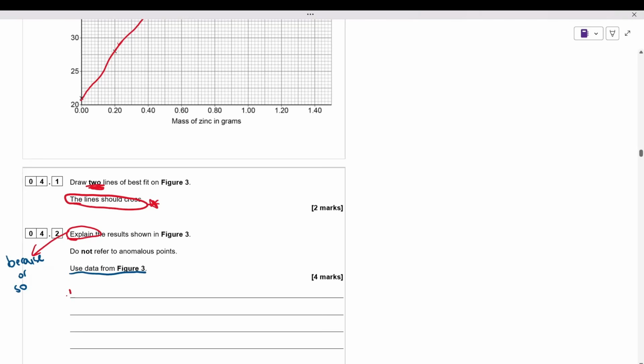So we know that temperature rises because the reaction is exothermic.